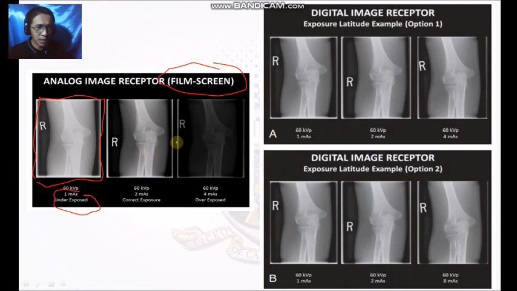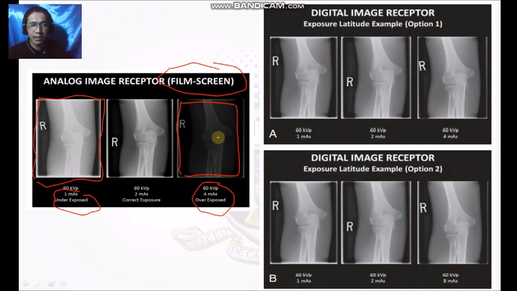Okay, so diagnostic reading. If we also expose the anatomy to too much radiation, for example the mAs has been doubled, it would result in a very dark image. Similar to a very bright image, it would be an unacceptable image because it is very dark.